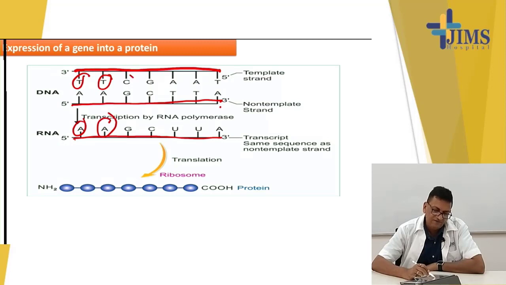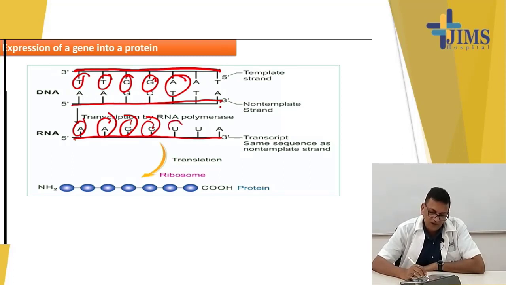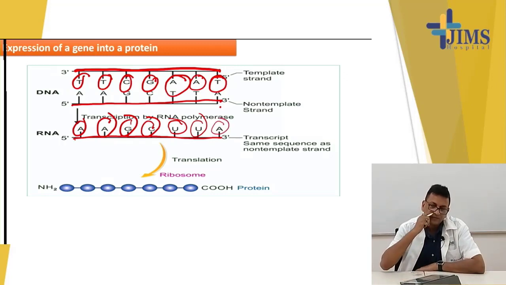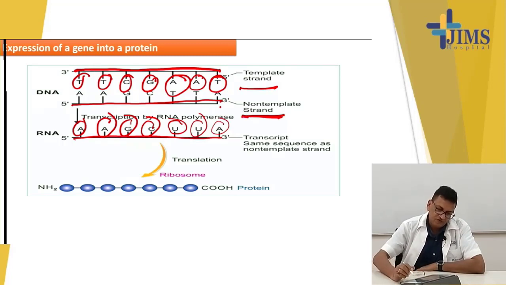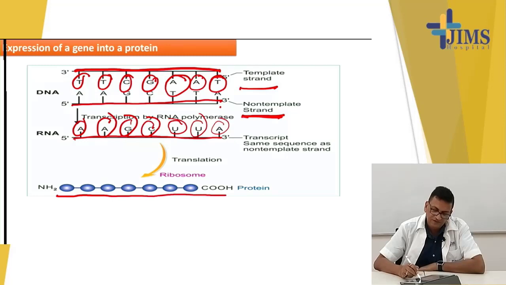If thymine, then adenine; if cytosine, then guanine; if guanine, then cytosine; if adenine, then it should be thymine, but thymine is not present in RNA, so it should be uracil. If thymine is present in the DNA, this will give rise to adenine. So the sequence of the mRNA will not be similar to the template strand, but similar to the non-template strand. This ultimately forms the sequence of a protein, made of amino acids.